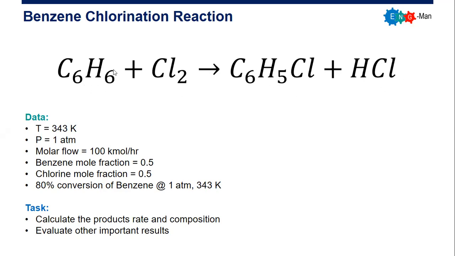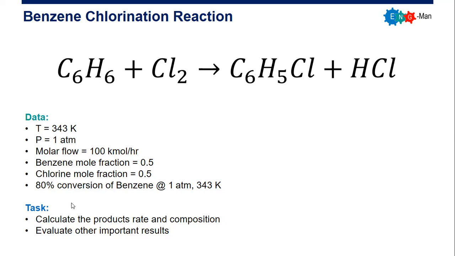All right, we will perform this reaction using stoichiometric reaction in Aspen Plus, and this is our data: the temperature, the pressure at 1 atmosphere, the total molar flow of the feed is 100 kilomole per hour, with the mole fractions of benzene of 0.5 and also the chlorine 0.5.